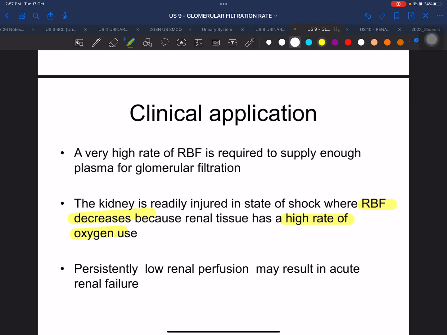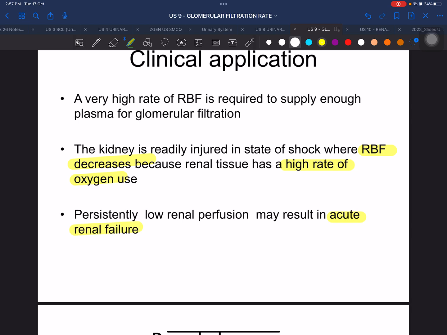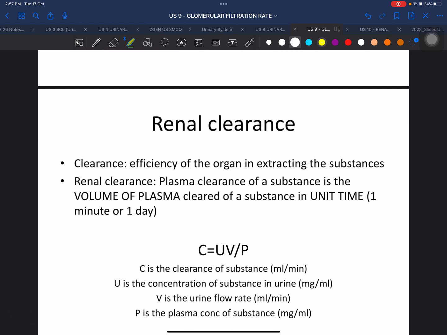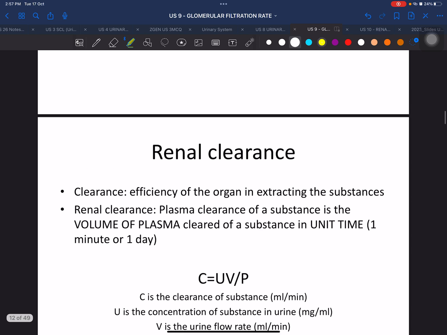So what is the clearance that we were talking about just now, where we say the clearance of this substance equals renal plasma flow? Renal clearance is the efficiency of the organ in extracting the substance. The plasma clearance of a substance is defined as the volume of plasma cleared of a substance in unit time, either 1 minute or 1 day.